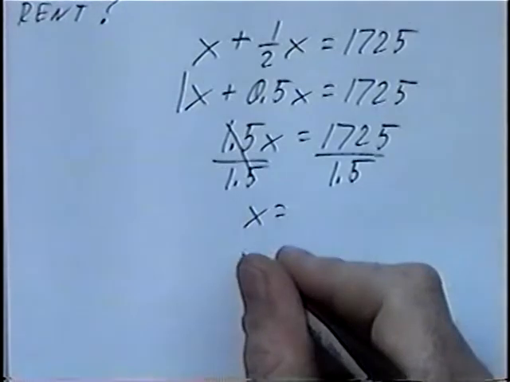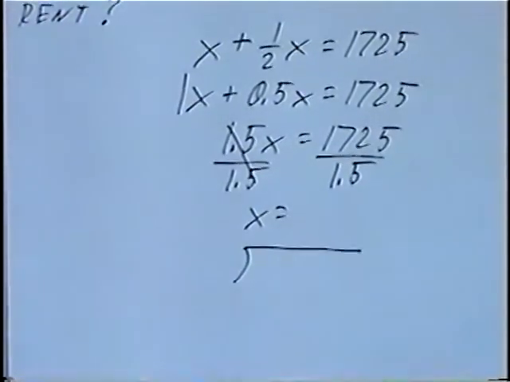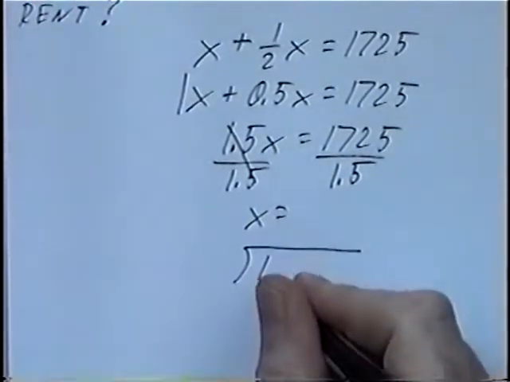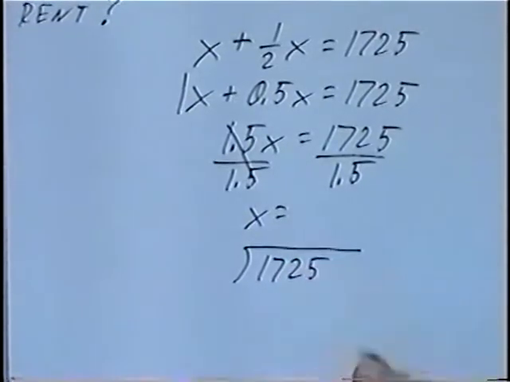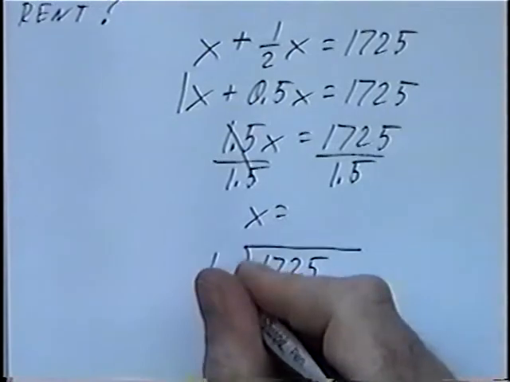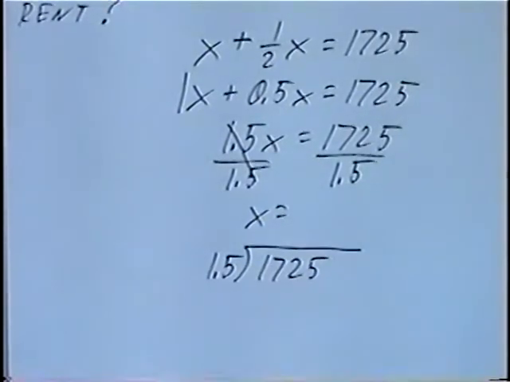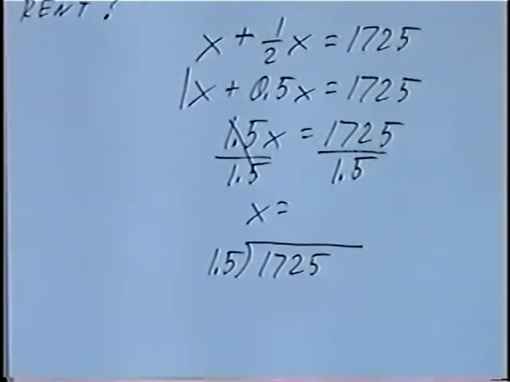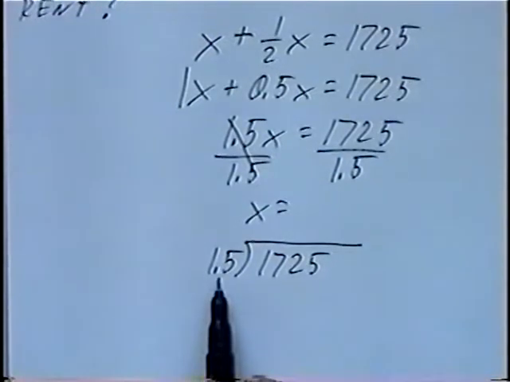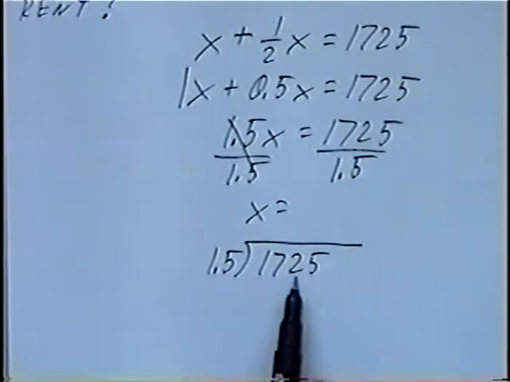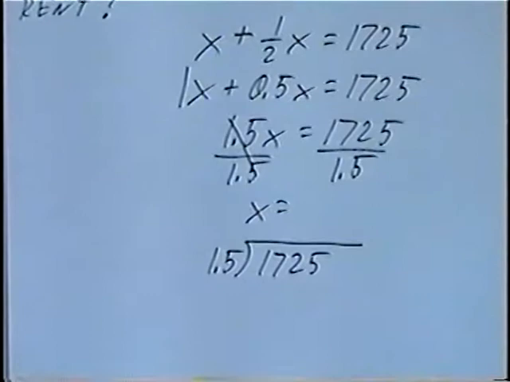Dividing decimals again, we can use long division. The top number or numerator goes inside, 1725. And 1.5, the number we're dividing by, goes outside. Keep in mind when you divide decimals, you can have decimals inside the division symbol, but you're not allowed to have decimals outside.